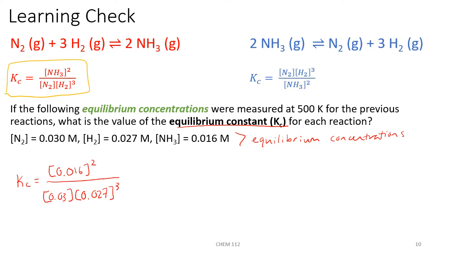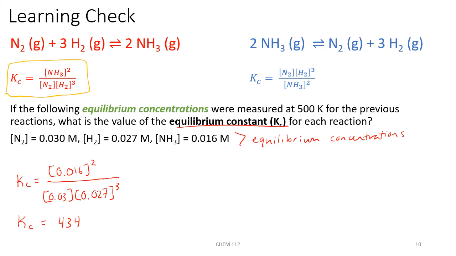So we can solve for K sub C by figuring out everything on the right-hand side of our expression. And K sub C comes out to 434 for that first reaction. And it's recorded without any units at all.